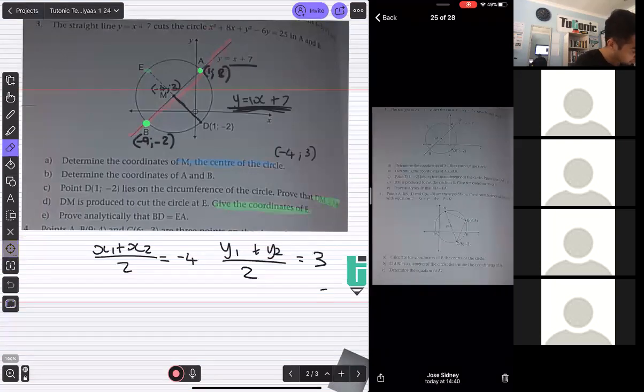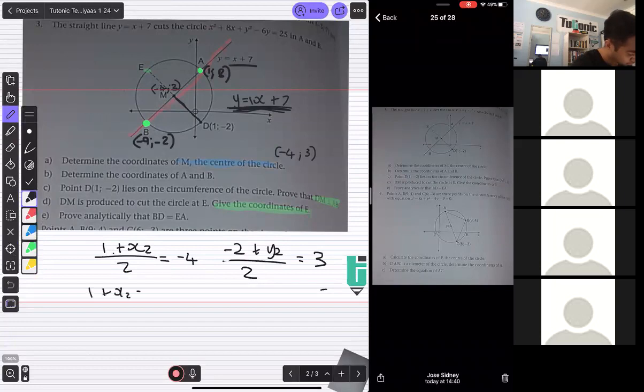We know the one x value is 1, and the one y value is -2. So now we have to work out the other. If we multiply, it becomes -8. 1 plus x2 equals -8, so x2 equals -9.